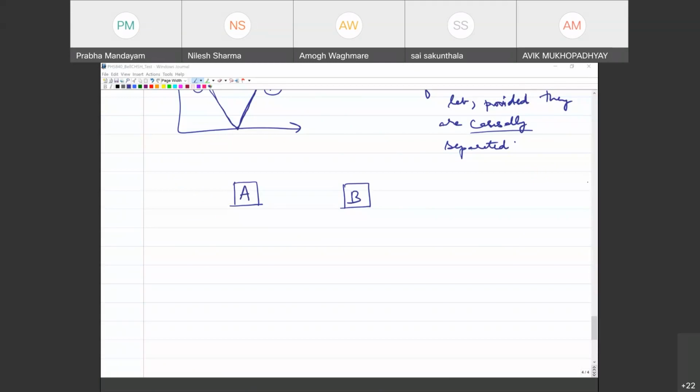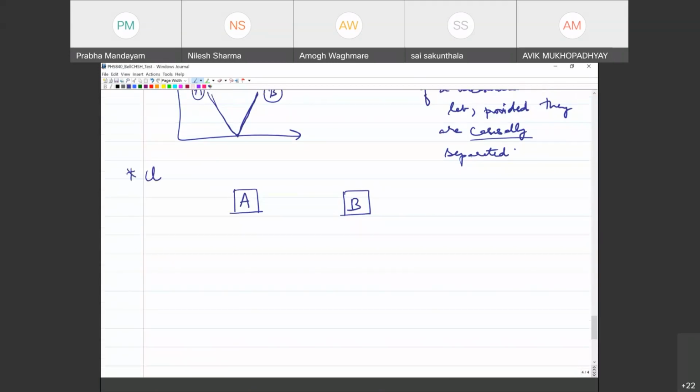So I have these two classical systems. Let's write down what classical correlations would look like, right? That's what I want to talk about.